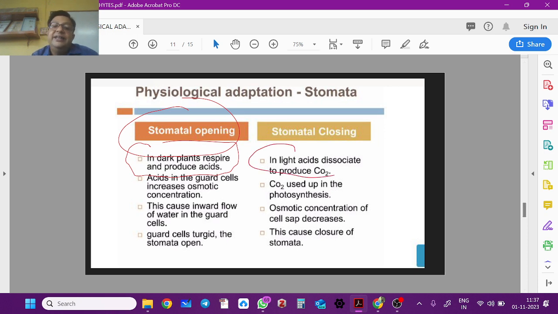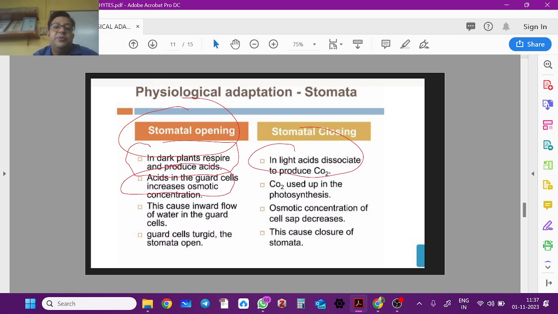In light, they dissociate and produce carbon dioxide. So at night respiration happens, glucose is broken down, and lactic acid, pyruvic acid are formed. In daylight, they break up and carbon dioxide is released.